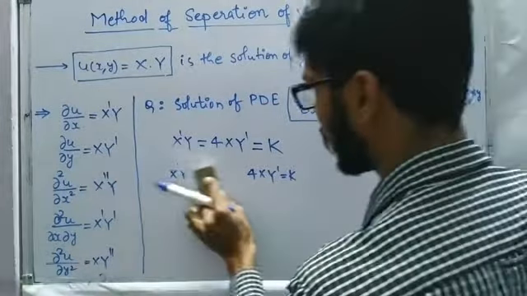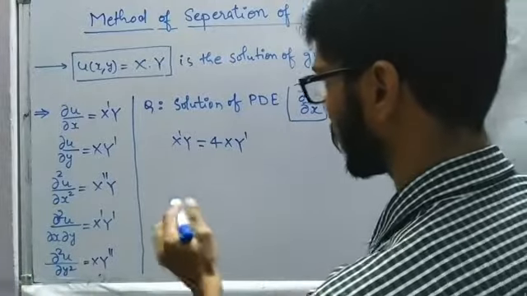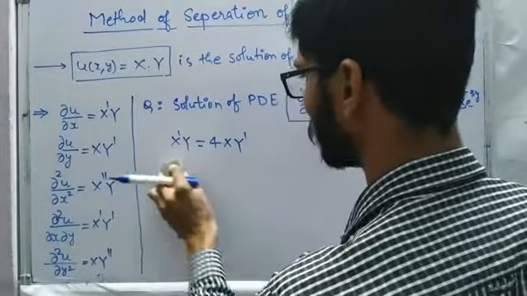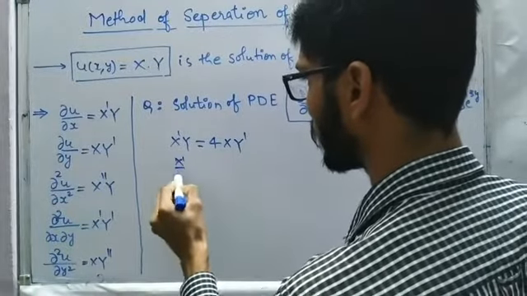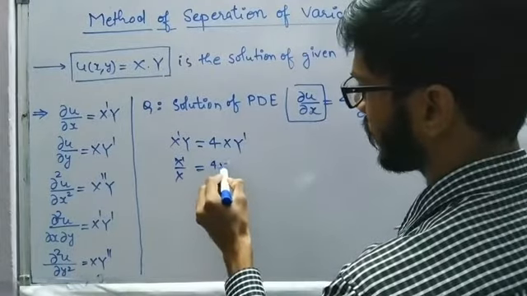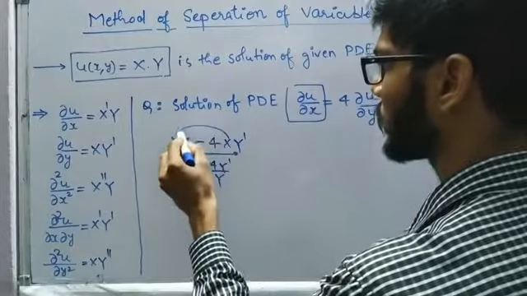First separate the terms, x together and y together, then we'll assume it as k. So this is X dash upon X is equal to 4 Y dash upon Y. I have taken the y terms to this side and the x terms to this side.